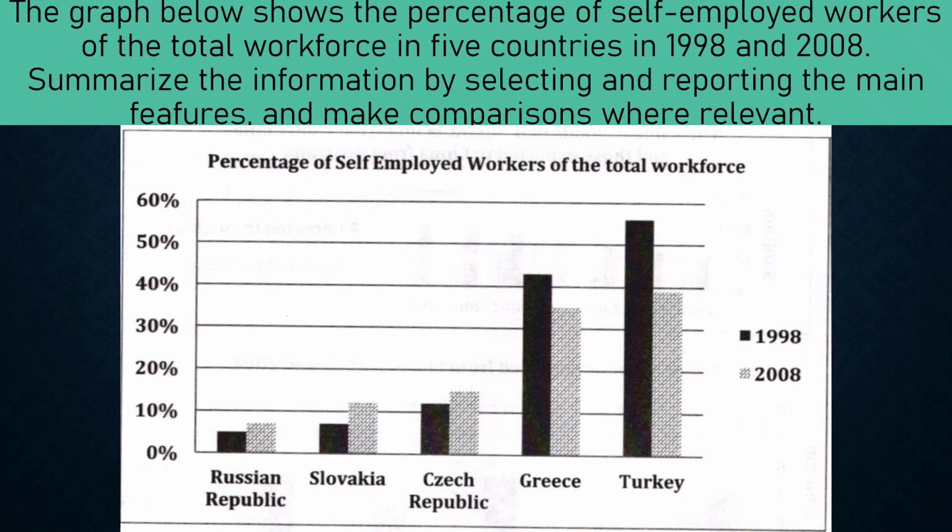So we can say that the given column graph illustrates the... just one thing I want to highlight over here is important. Always use the appropriate vocabulary. Try to choose the exact vocabulary that you need over there.